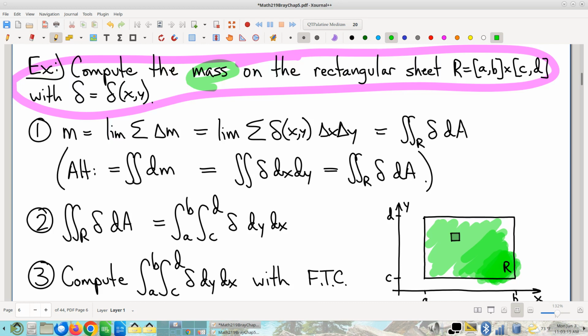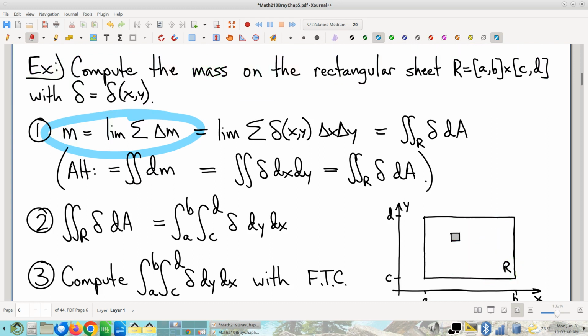Well, you can't use a single variable calculus approach to this problem, but what you can do pretty immediately is say, look, we know how mass works. We understand the nature of mass, and the whole is the sum of the parts. We also understand that for any given little piece of mass, if I'm interested in just this one little piece right there, how much mass is there in that one little sub-rectangle?